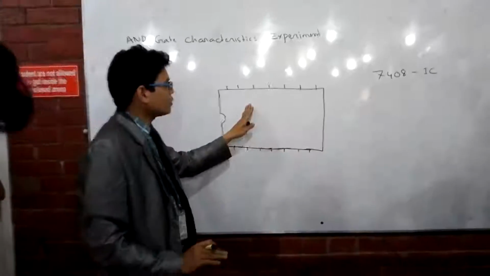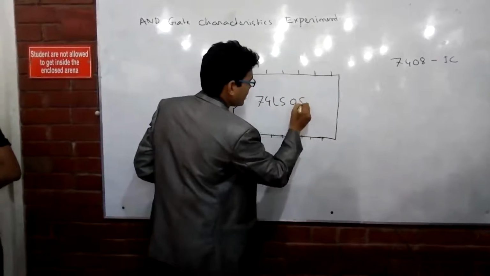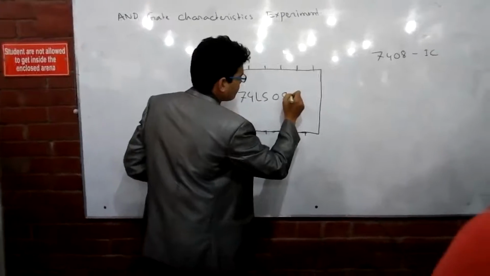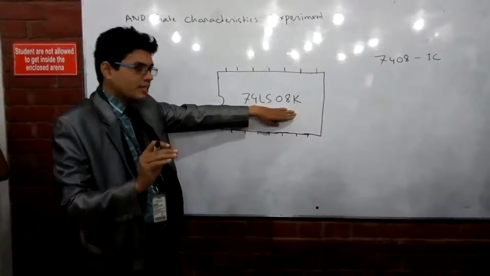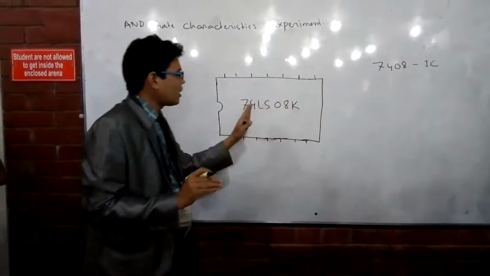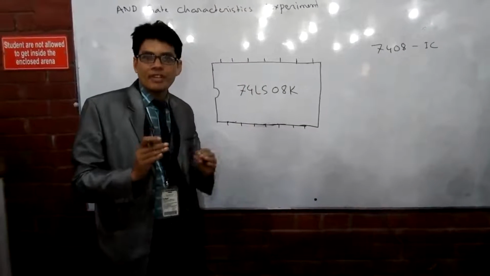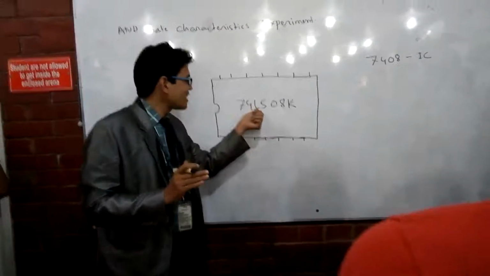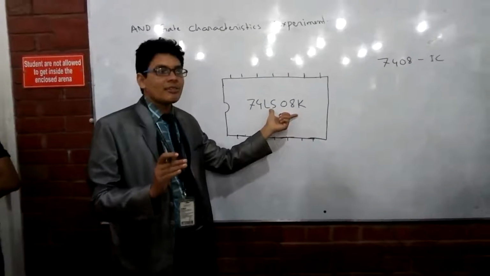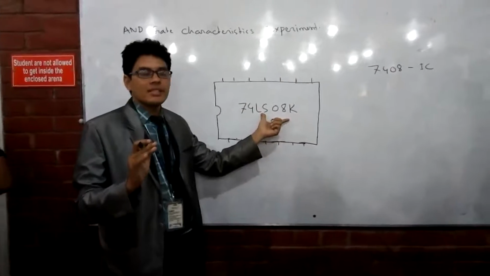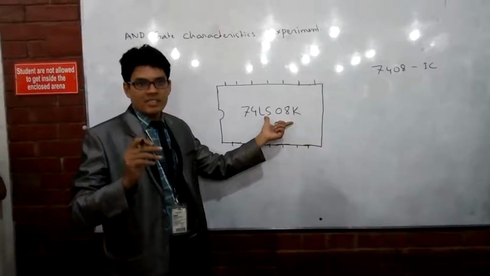Every IC has a number like this: 74LS08, maybe another number with K. It is a combination of alphabet and numeric characters. The alphabet, LS and K, will be avoided because it identifies the manufacturer.